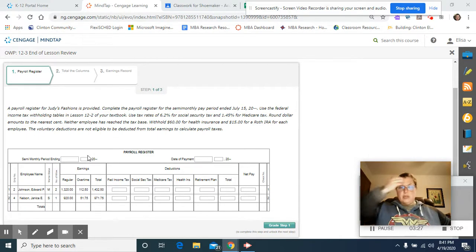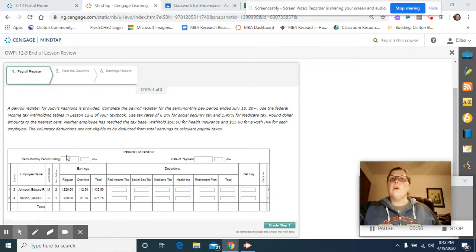So we're starting with, you'll see those first three columns are filled out for you. The determining of the pay off the time cards has already been done in that earnings section of the payroll register. But we're going to start, if we look on page 360, it tells us that our first step is typing in the date. So this says that this is for July 15th.